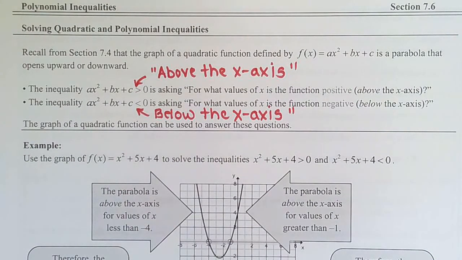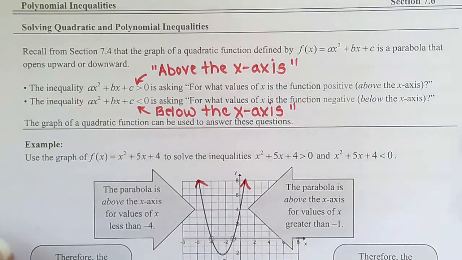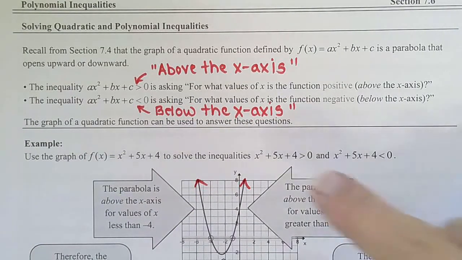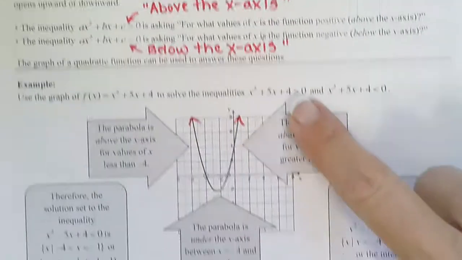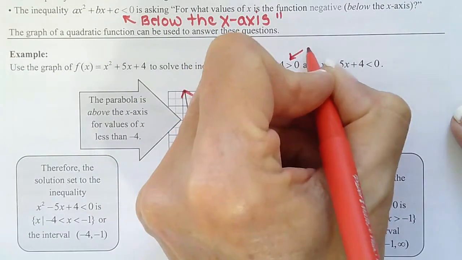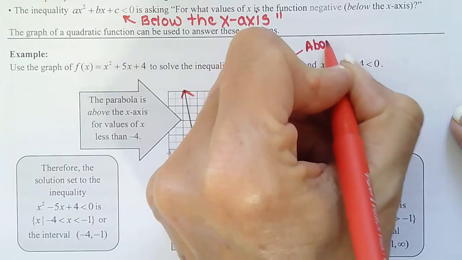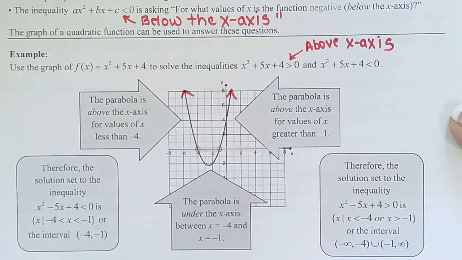So use the graph of f of x equals x squared plus 5x plus 4. So here's the graph they made up for us. Let's go ahead and put our arrows on it to solve. Okay, so this first one wants to know when is the graph above the x-axis? And we do use interval notation for these.